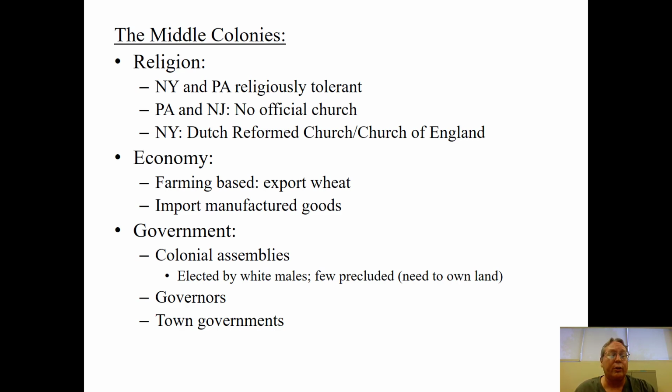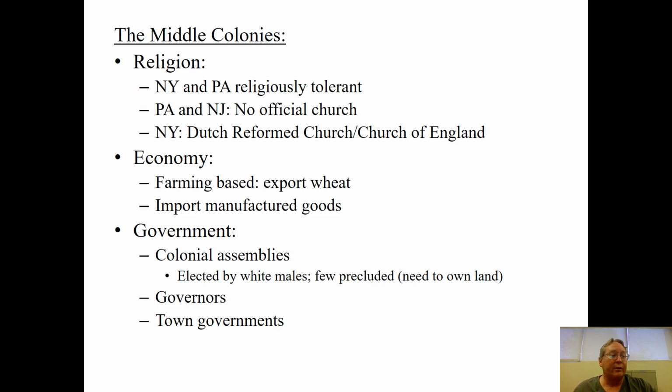They can also use slave labor, right? There are farms in New York, there are farms in Pennsylvania where they actually use slave labor to grow their wheat or grow their apples or whatever crop they're growing. So slavery, like in the southern colonies, is going to be a very useful method for exploiting people and making more money, and they'll do that in the middle colonies.